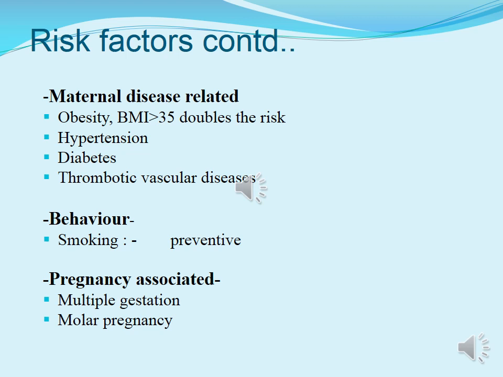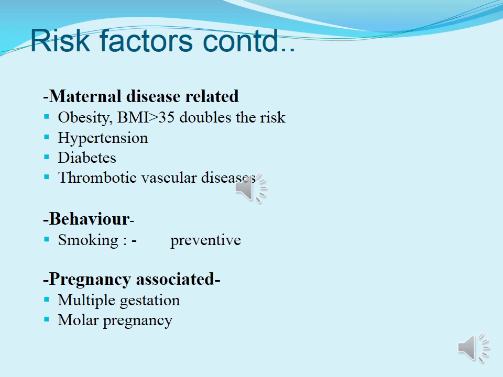Other risk factors for the development of preeclampsia consist of maternal factors related to the mother. Obesity is a risk factor. When her body mass index is more than 35, it will double the risk of developing a hypertensive disorder and preeclampsia.